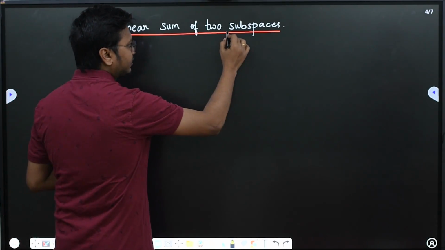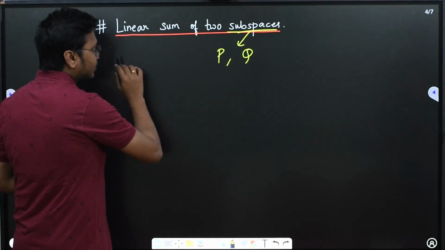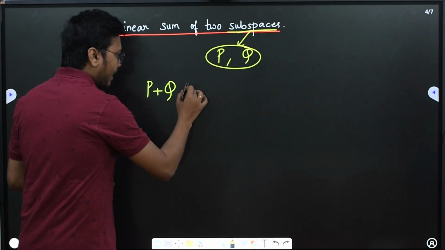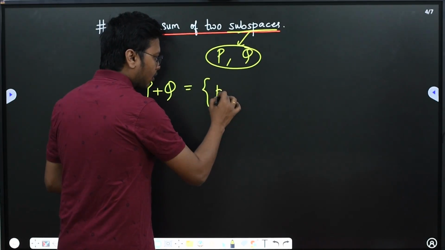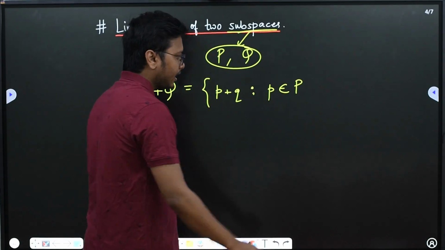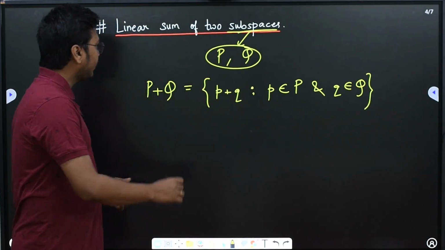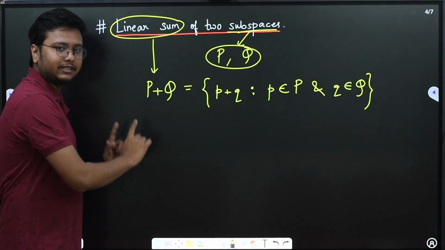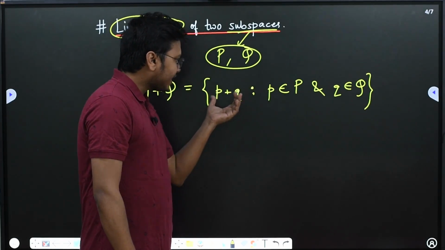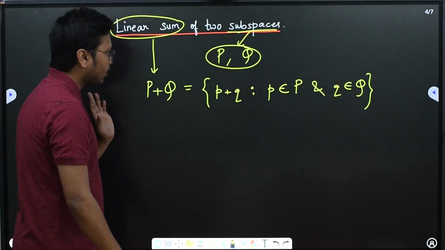Suppose I have two subspaces, okay, so I am taking two subspaces, let P and Q be two subspaces of some vector space V. So the linear sum of these two subspaces, it is represented by P plus Q, and it contains all such elements, let's say small p plus small q, such that small p has been taken from the set capital P and small q has been taken from the set capital Q. So this set is called linear sum of the two subspaces P and Q. Okay, so linear sum is basically just the addition of the elements where each element is taken from the two individual subspaces, and this set of all such elements, that is called linear sum.